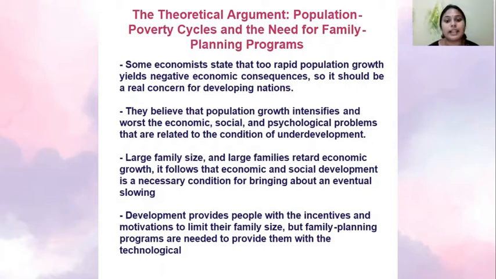Since large families retard economic growth, it follows that economic and social development is a necessary condition for bringing about an eventual slowing of population growth and lower fertility. Development provides people with the incentives and motivations to limit their family size, but family planning programs are needed to provide them with the technology.